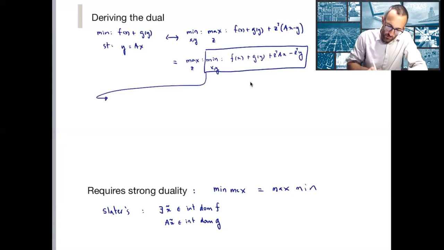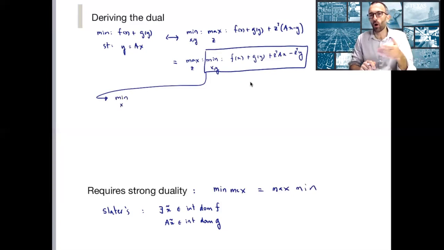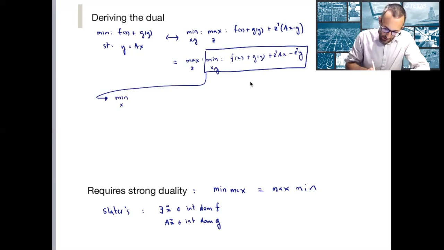This minimization problem decouples, because x and y never appear in the same term. So x can do what x wants, y can do what y wants, and they don't have to discuss. So I have minimize over x of, let me write this slightly differently just to make it a little more suggestive, A transpose z transpose times x.